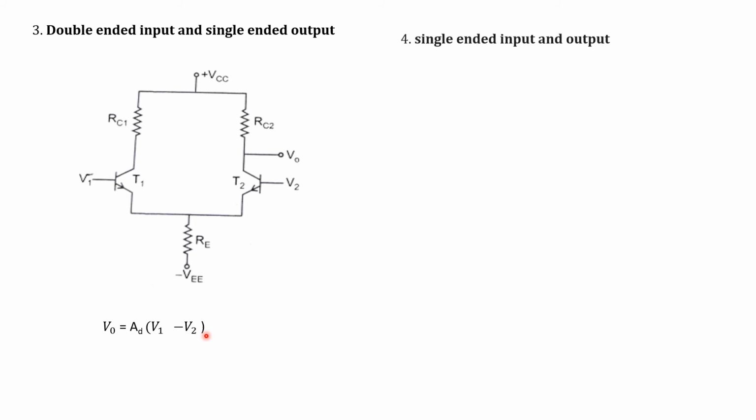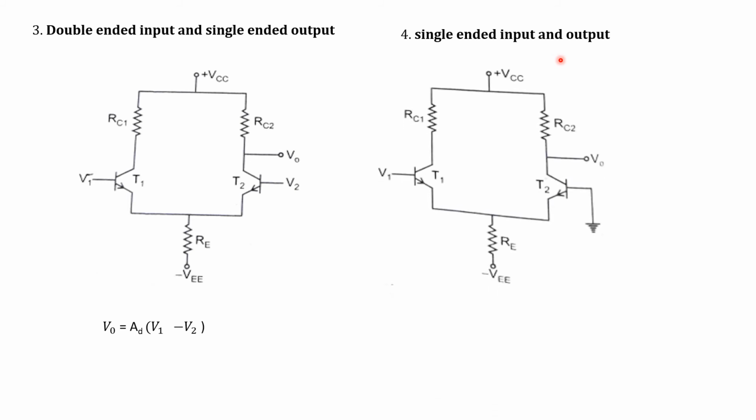Another form of the differential amplifier is single-ended input and single-ended output, meaning one input and one output. Its circuit connection is shown here. In this mode of operation of the differential amplifier, one of the two inputs is present, whether V1 or V2. If we say V1 is present here, output is taken at one of the collectors.